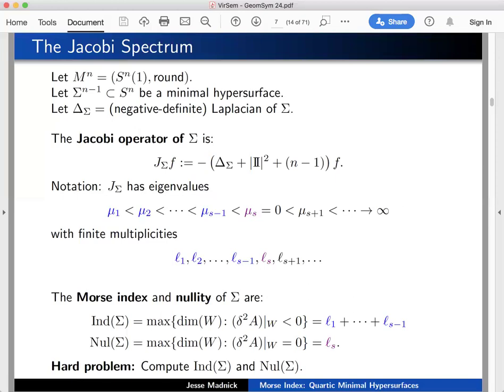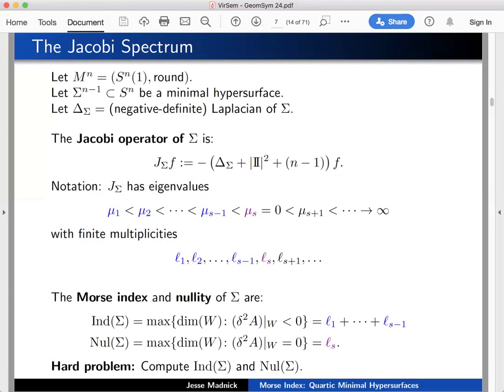You'll notice that the Jacobi operator contains the Laplacian, so it's strictly more complicated than computing the spectrum of the Laplacian, and we know how difficult that is, even in the case where sigma is a homogeneous space.